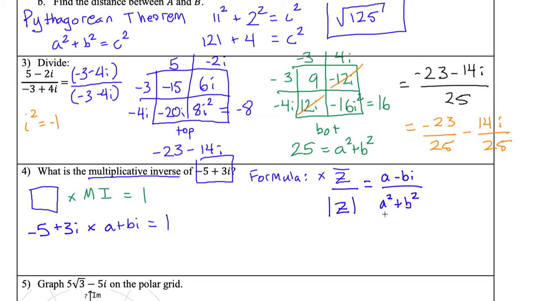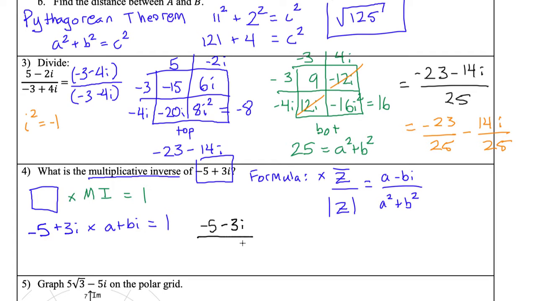So here we go. Let's try out our fancy formula. We don't have very much room anymore because we wrote down the formula. But if I have negative 5 plus 3i, I need to take the complex conjugate, and it becomes negative 5 minus 3i.